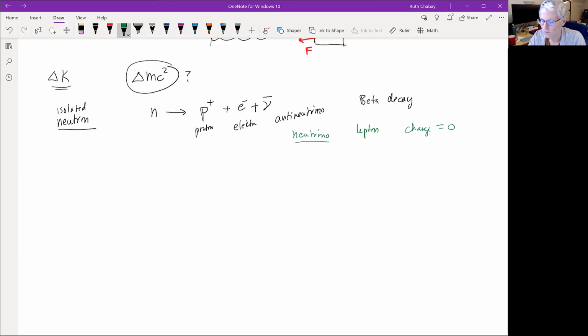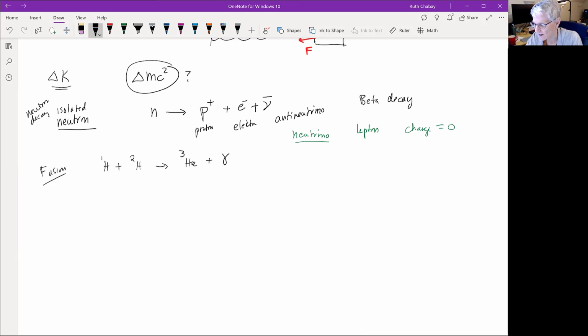And there are other examples of reactions. There's fusion, which occurs in the sun. So we have fusion. So this is neutron decay. Where we have, for example, ordinary hydrogen plus deuterium, which is a hydrogen nucleus that has 1 proton and 1 neutron, can combine to form helium-3 and a photon.